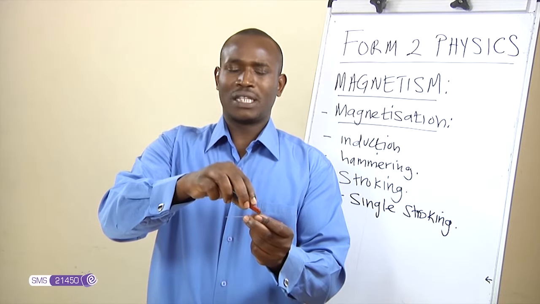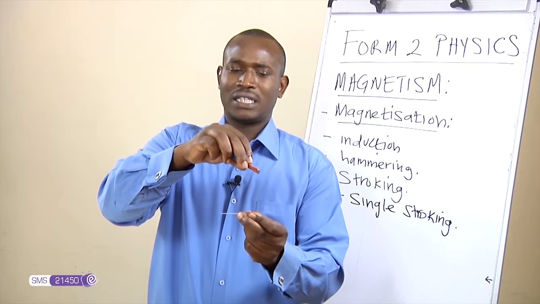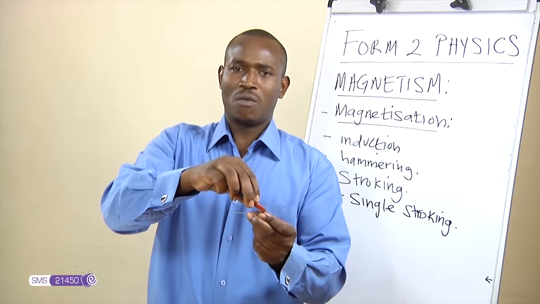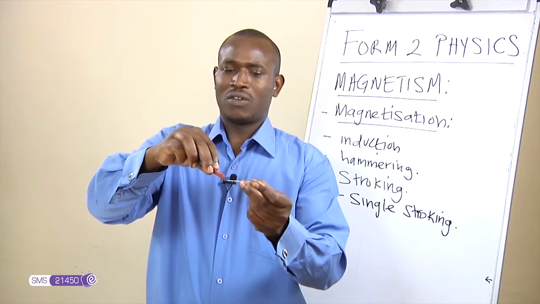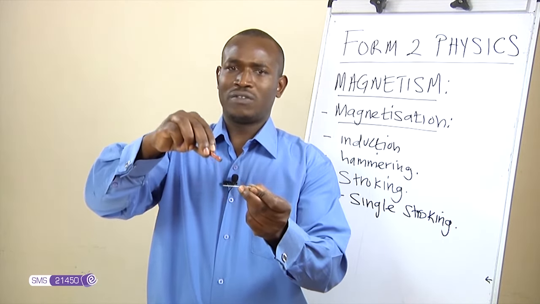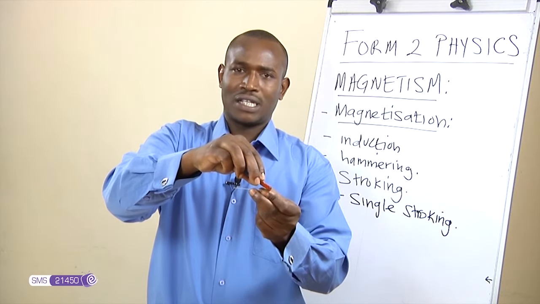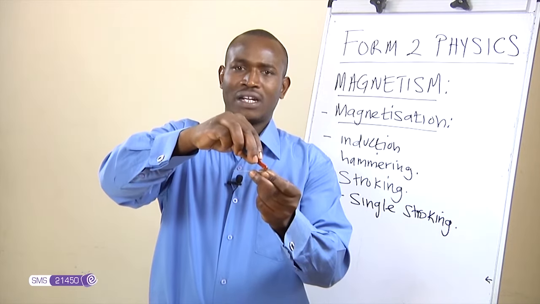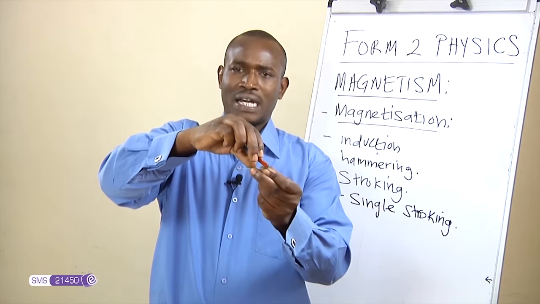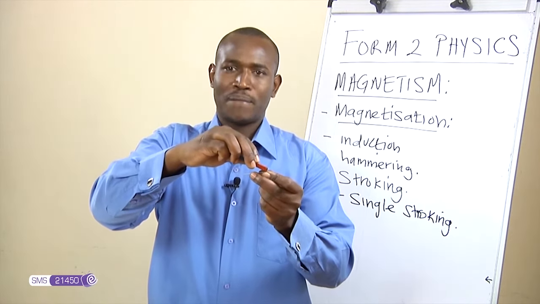So you stroke the material along its whole length, lifting the magnet at the other edge, such that you form a loop. Then you start again from the other side. Remember always to maintain the inclination, or the angle, that the magnet forms with the material which is being magnetized.